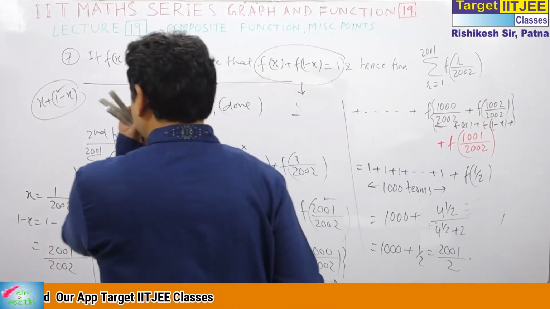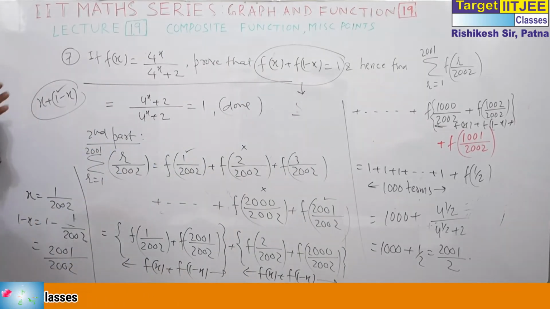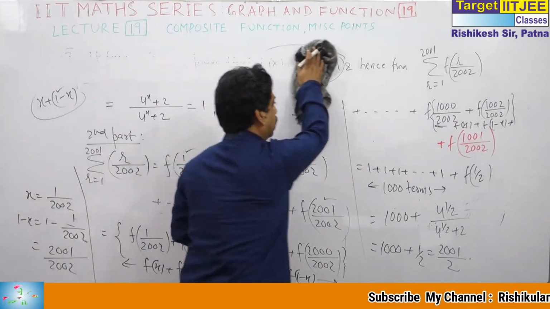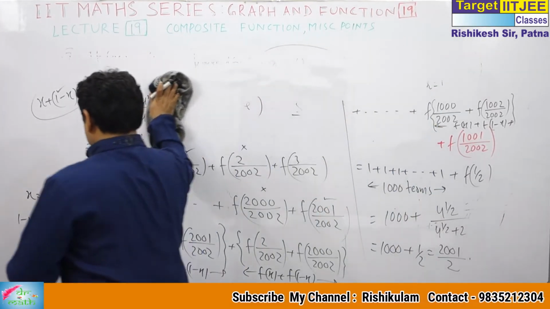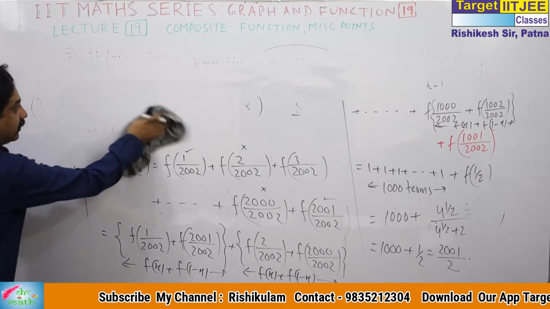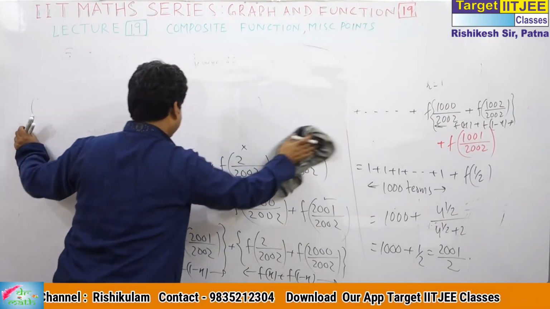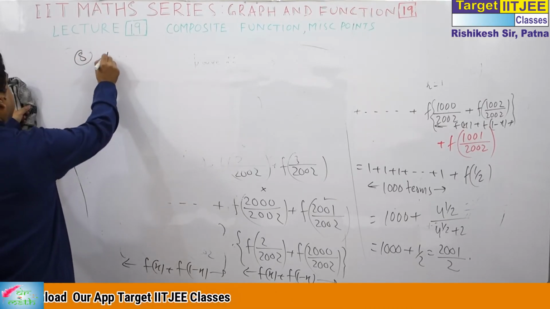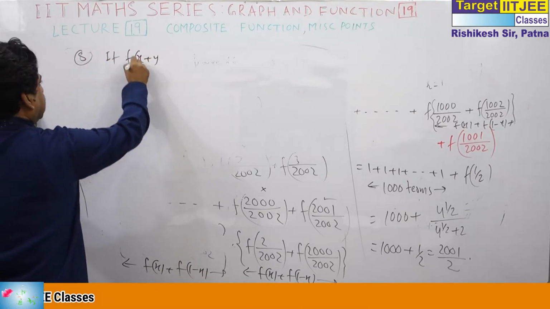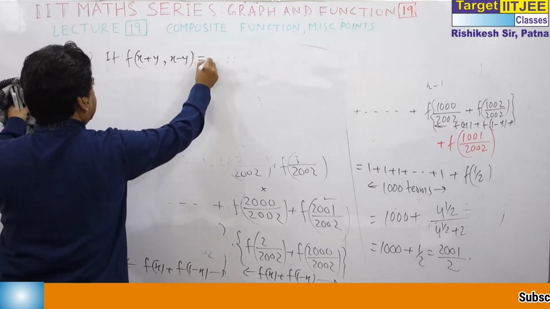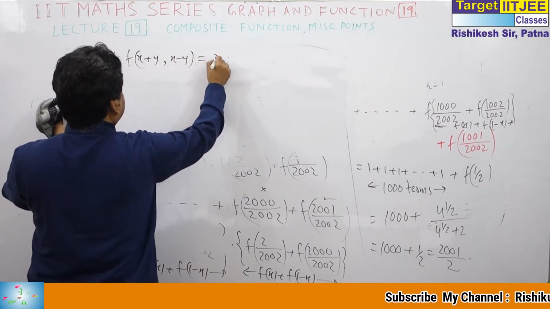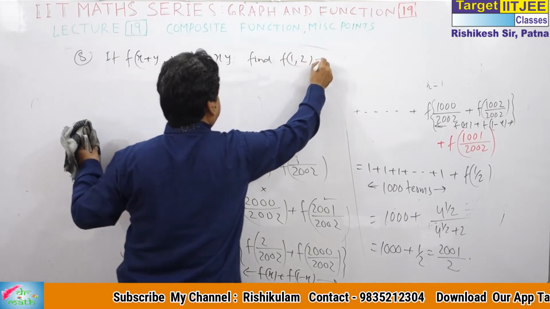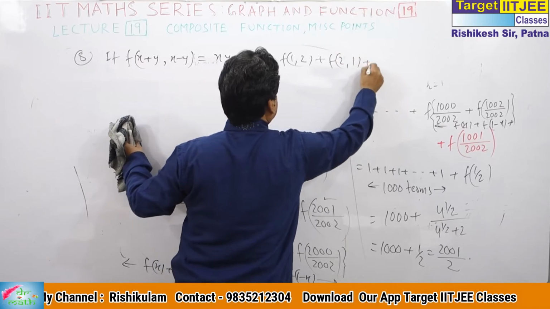Now let me move to one more typical type of question. This must be erased first. The question is like that. See the nature of the question: f(x plus y) plus f(x minus y) is equal to f(5, 5), f(12) plus f(21) plus f(34).